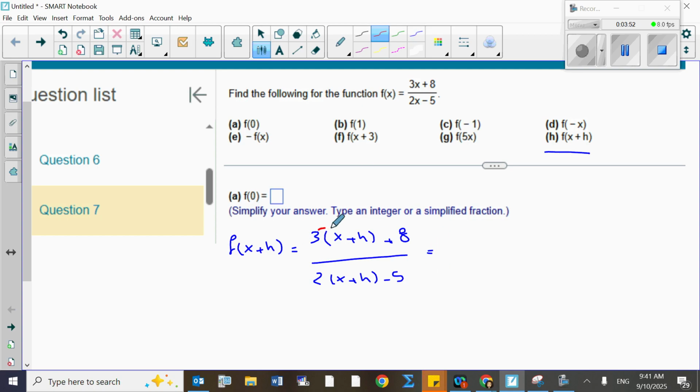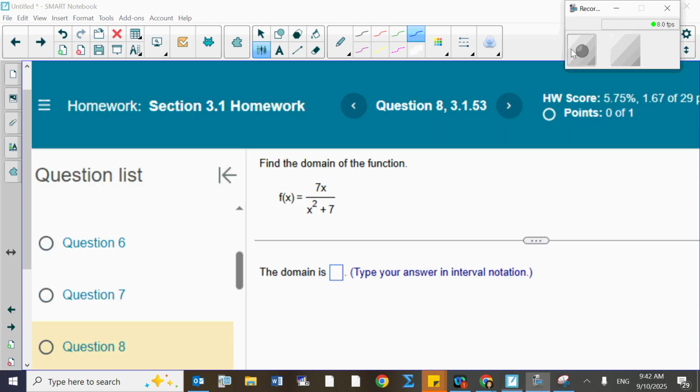So 3 times x, 3 times h will be 3x plus 3h plus, I already had an 8 here, and in the bottom, 2 times x, 2 times h, minus 5. And I cannot simplify this anymore because there are no like terms here. So this will be the final answer.